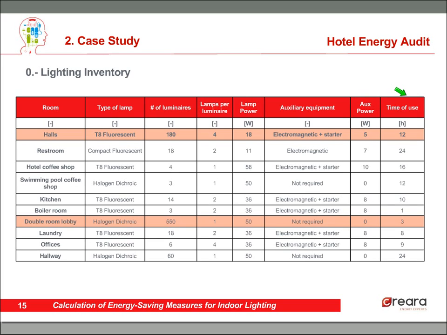We need to collect this data for every group of lamps in the hotel. Here we're going to study two lamps. We have selected 2 rooms in which we propose energy efficiency actions: the halls, where we have fluorescent lamps, and the double room lobby, the rooms where we have halogen lamps.